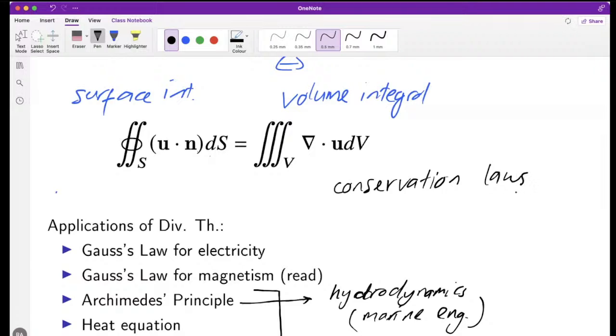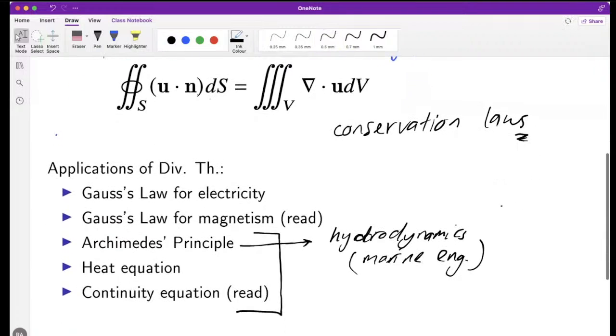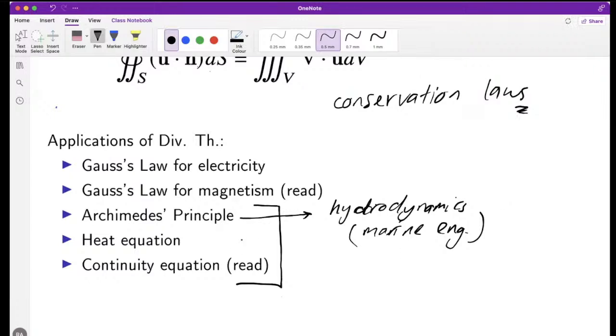Remember there's an S here because in the continuity equation, we are talking about conservation of mass.